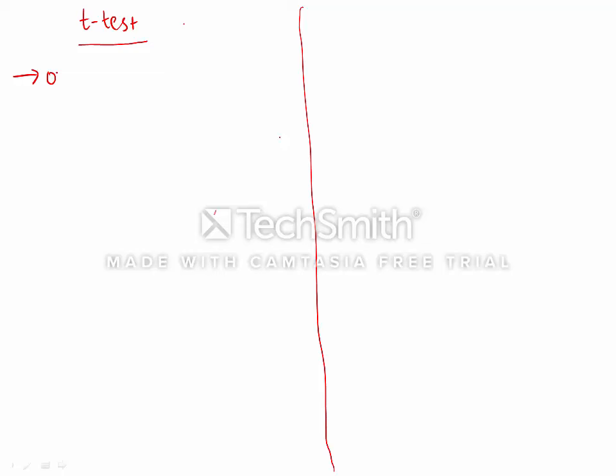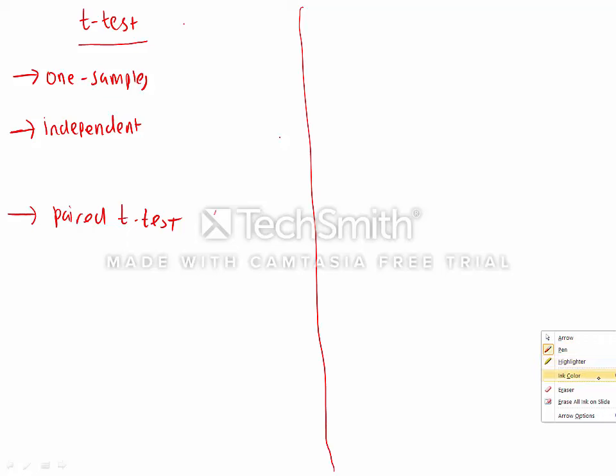The first one is one sample, followed by independent, followed by paired t-test.